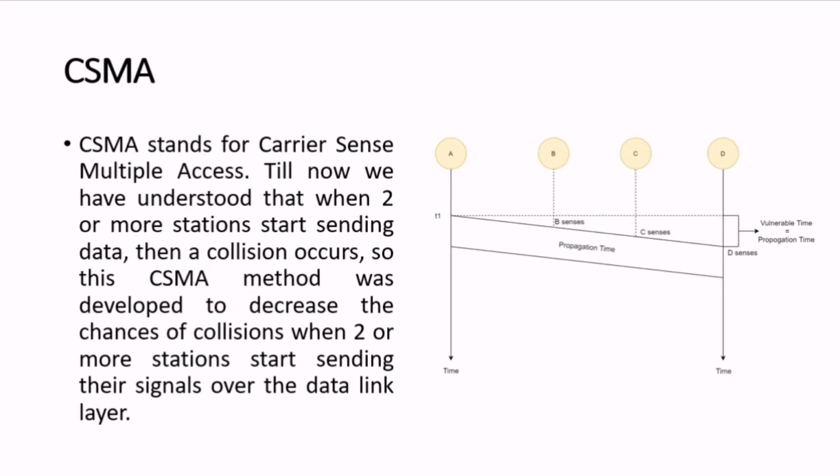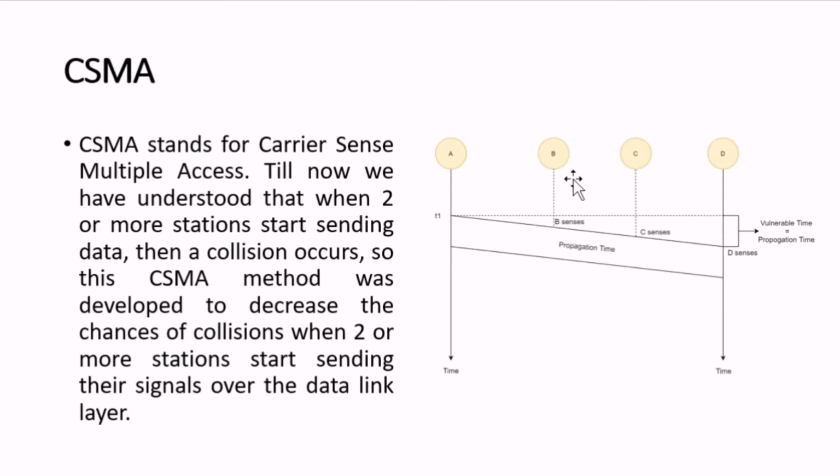CSMA makes each station first check the medium, whether it's busy or not, before sending any packet. All the stations or hosts, the senders, are capable of sensing whether the medium, the network, is available or free.